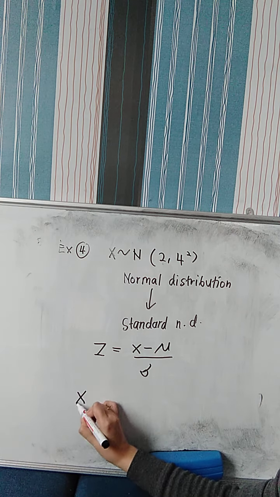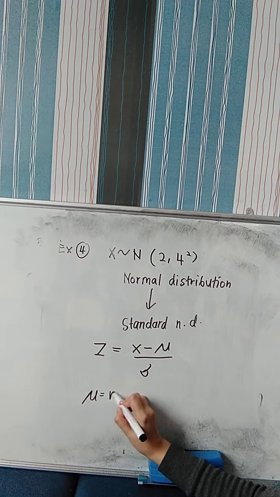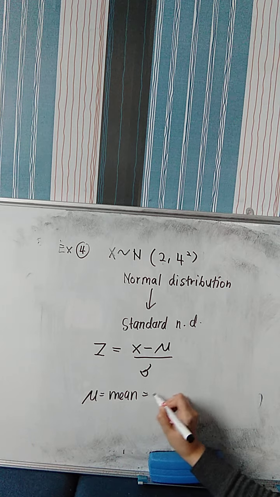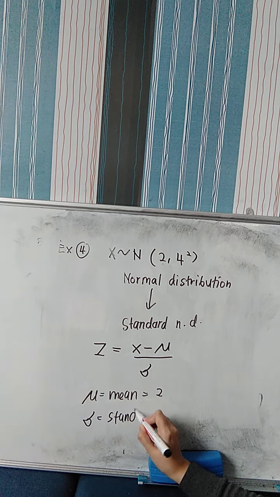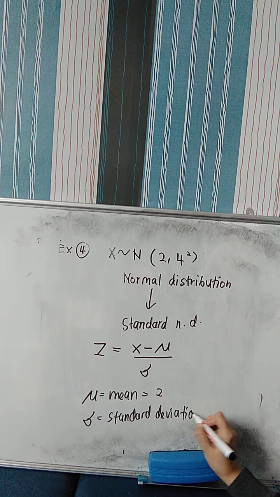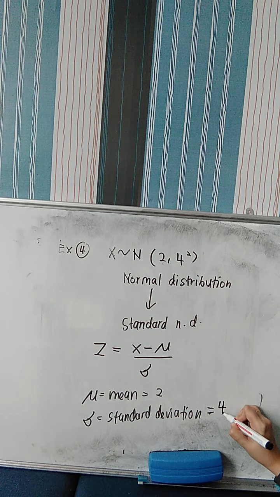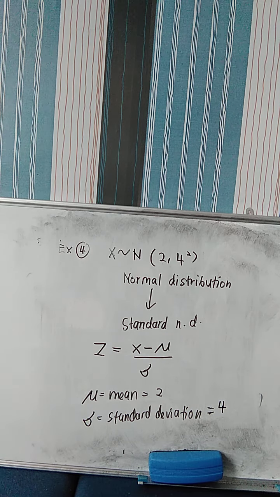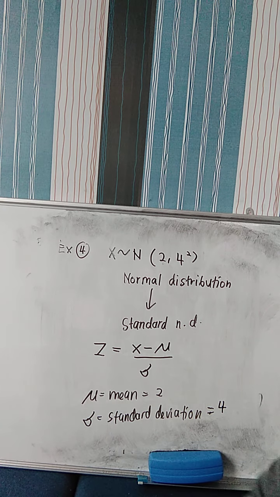Your mean, mu, is equal to 2 and your standard deviation is equal to 4. Okay. So, for example 4, I need you to do it by yourself and I give the answer for your checking.